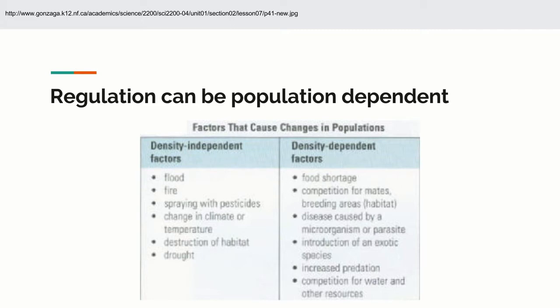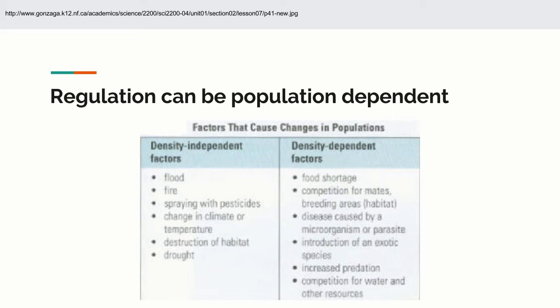That's why we call these density independent. Density: how many organisms do you have living in a particular area? On the right side, it says density dependent, and that has to do with how big the population is. As populations get bigger, you're going to have issues with having food, you're going to have issues with shelter, you're going to have issues with the amount of available space. So those 3 things automatically occur. You're also going to have issues with reproduction because you might start running out of mating choices.